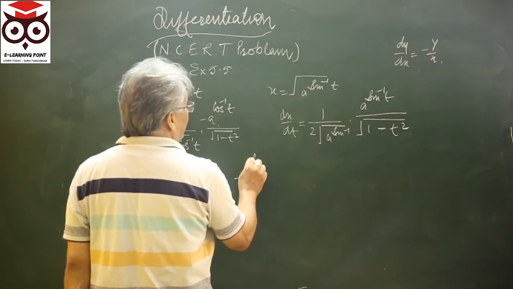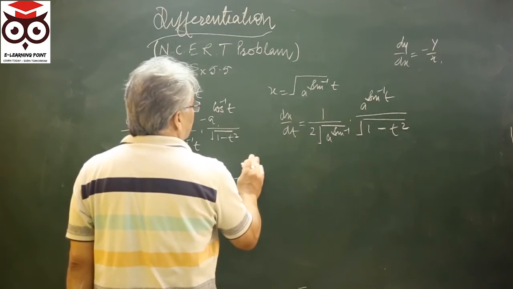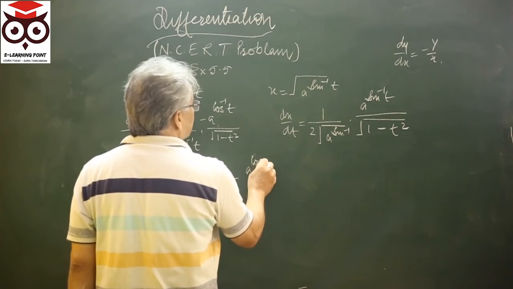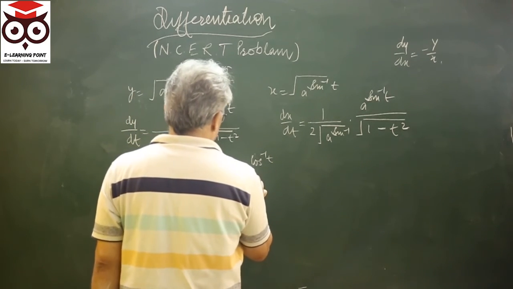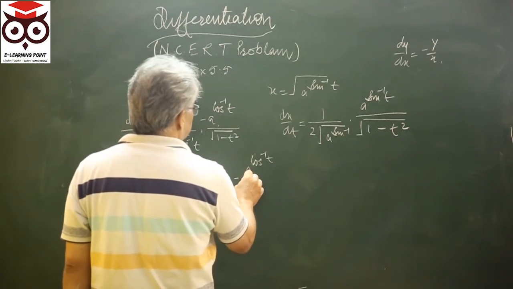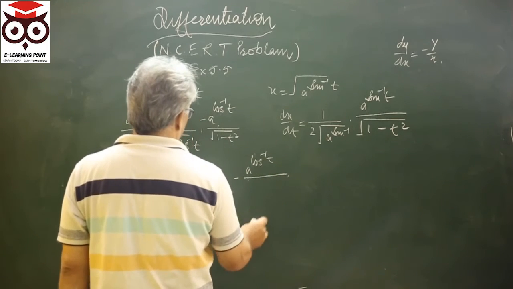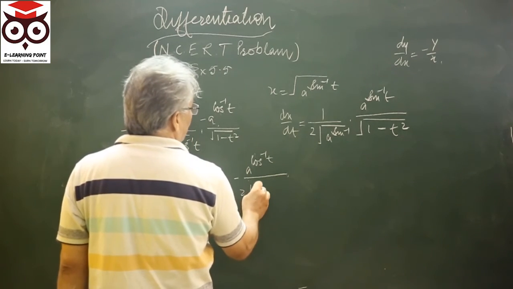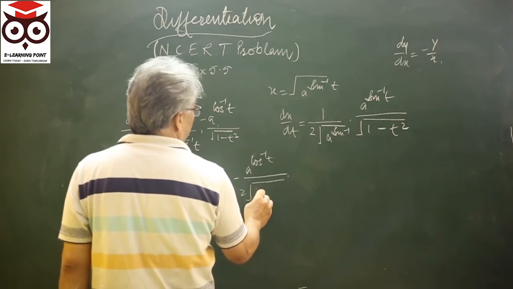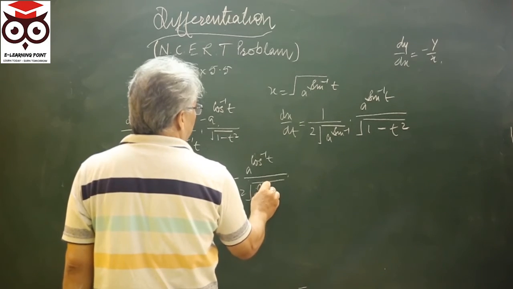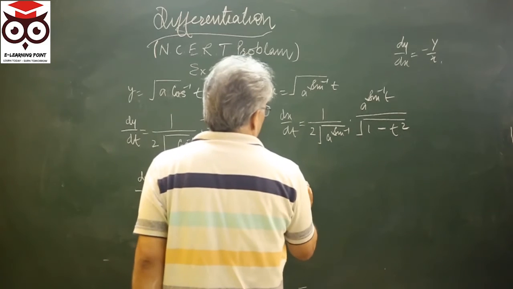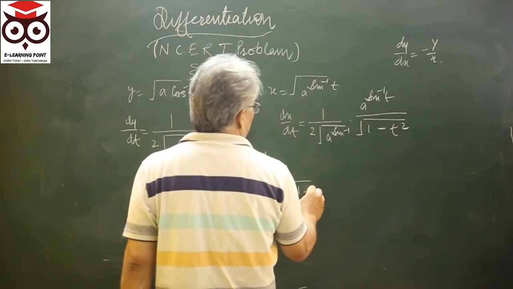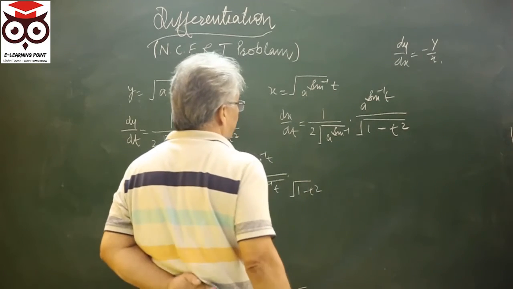A to the power cos inverse t upon 2 a to the power cos inverse t, and here will be 1 minus t square.